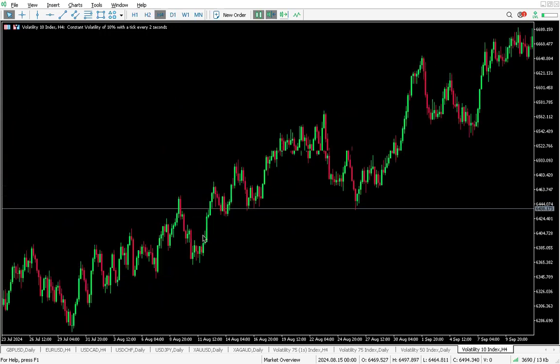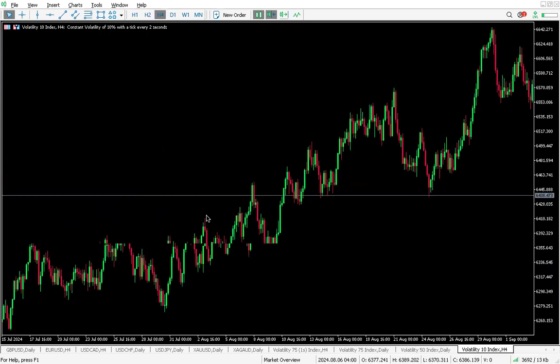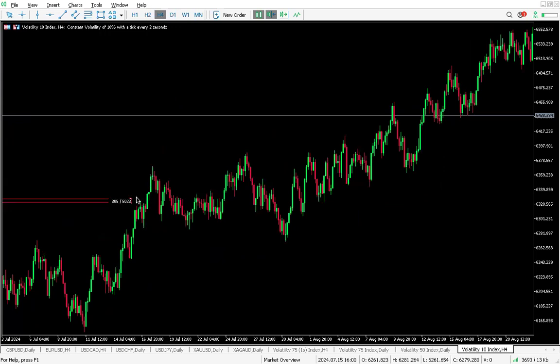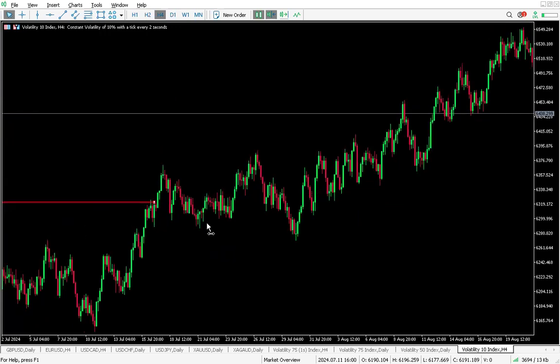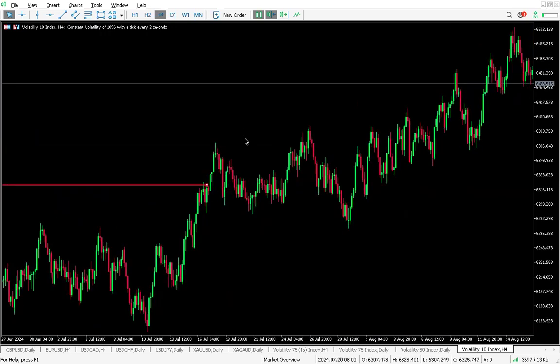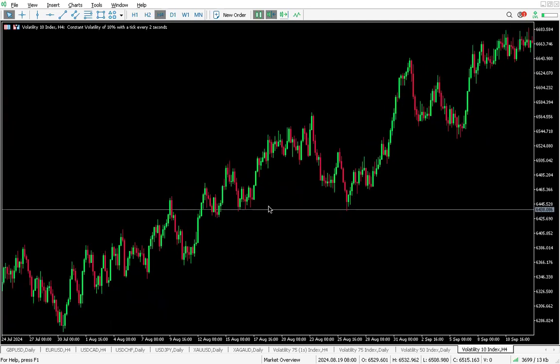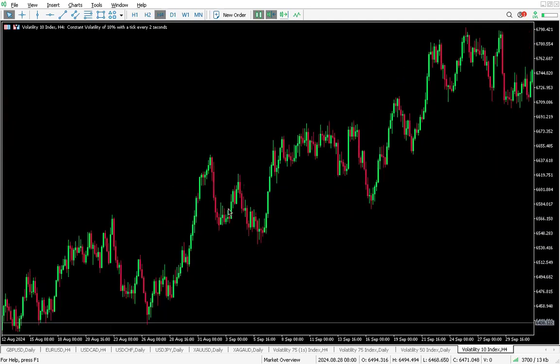The 4 hours is also giving us our bullish trend, because remember, this is where we had a break of structure from the daily time frame. So now we have a bullish trend, and from the 4 hours, you can see the market is also in a bullish trend. So from the 4 hours, you look for your setup.